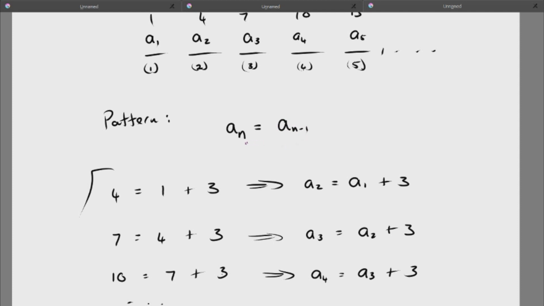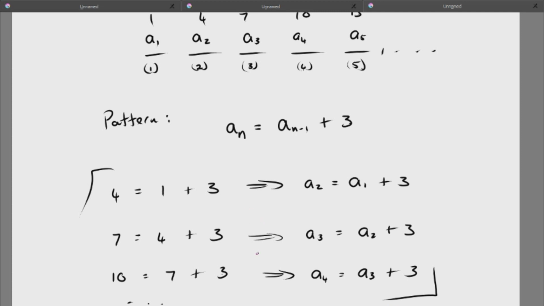If I'm in position n, the position right before that is 1 less. And then I add 3. So it's just a generalization of the specific example that we saw. But now I can write it in one line, letting the position be whatever you want it to be. It's always look at the previous one and add 3.